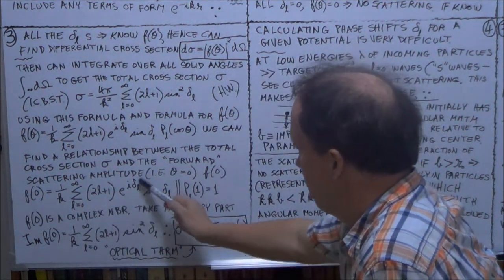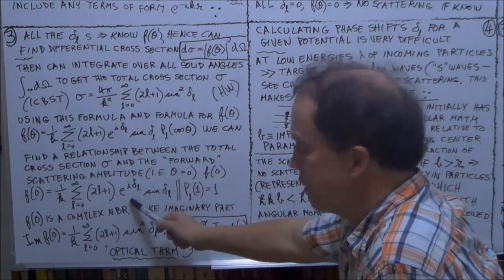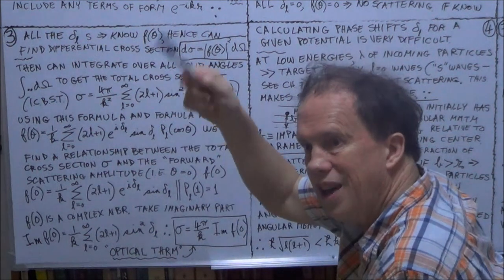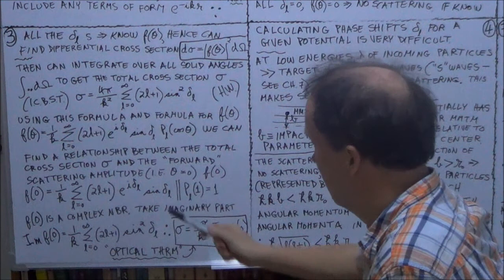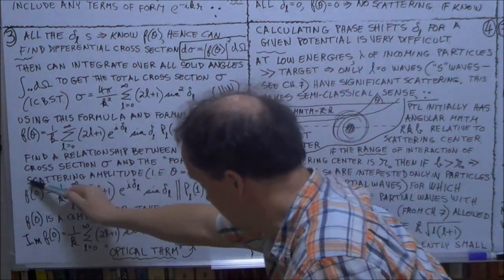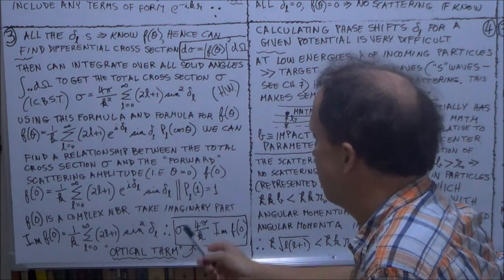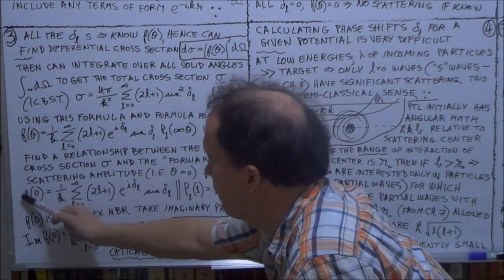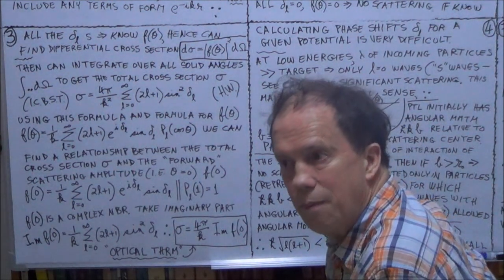Now have a look at this term here. It's a complex number. You know, e to the i x is cos x plus i sine x. That's a complex number. This number here is a complex number. Therefore, this f of naught is a complex number. So let's take the imaginary part of it. I assume you know enough about complex numbers.